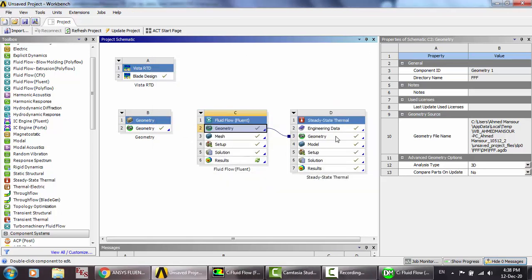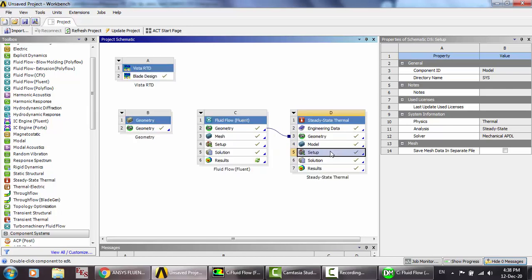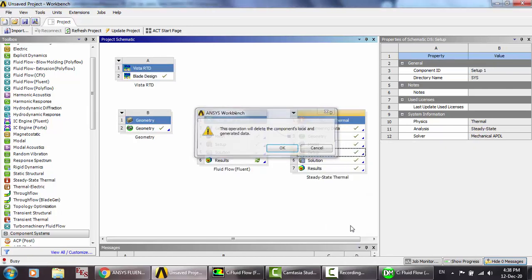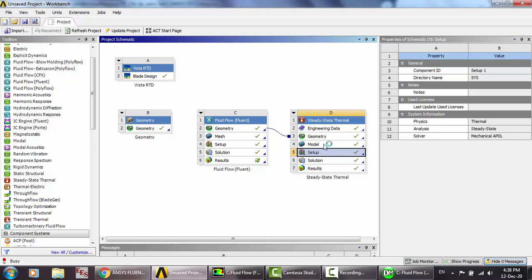Okay, so now we're gonna share the geometry. It's the same geometry we have here, the model. I'm gonna just reset the setup because I did it before recording. Okay, just hold on. It's busy.